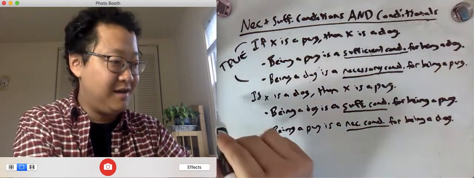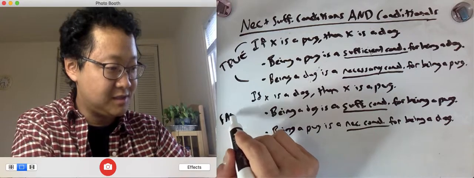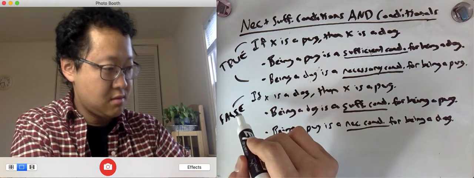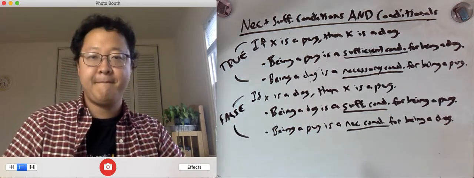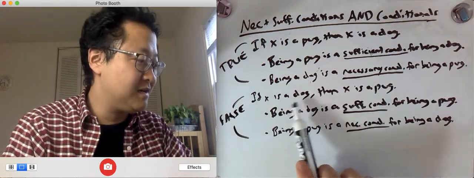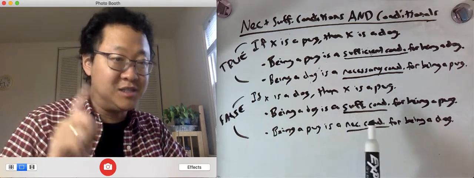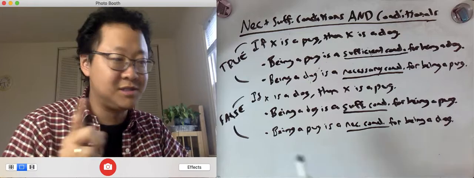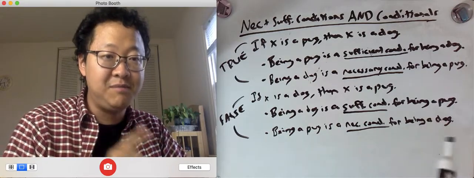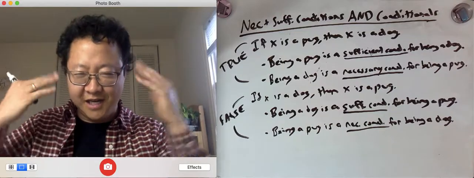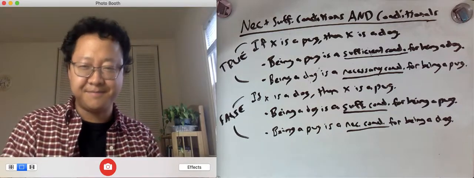On the other hand, all of these sentences are false. Okay? If X is a dog and X is a pug, that's false. In other words, being a dog is a sufficient condition for being a pug, false. Being a pug is a necessary condition for being a dog, also false. Okay? So hopefully this is kind of helping this get into your mind.